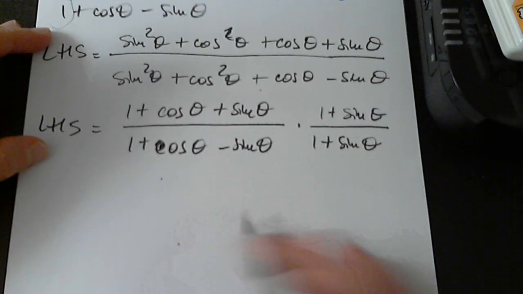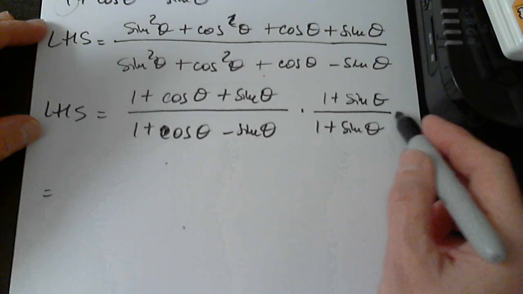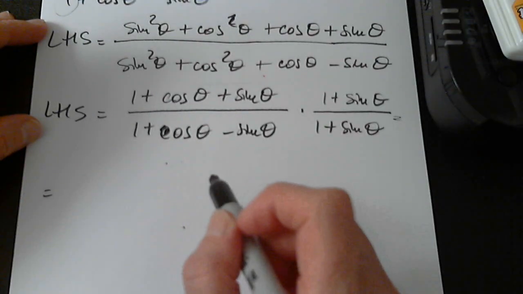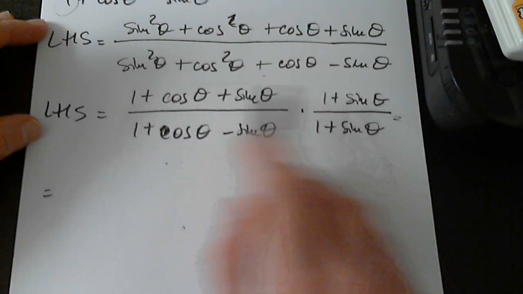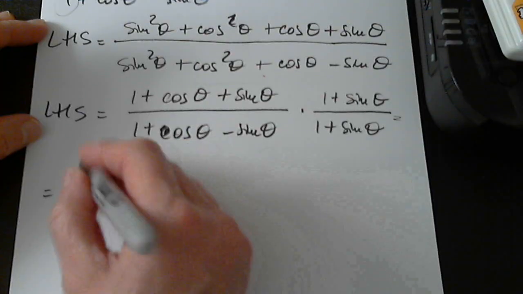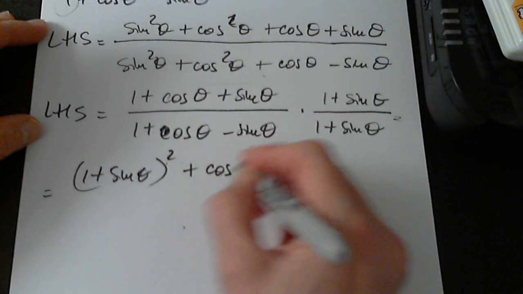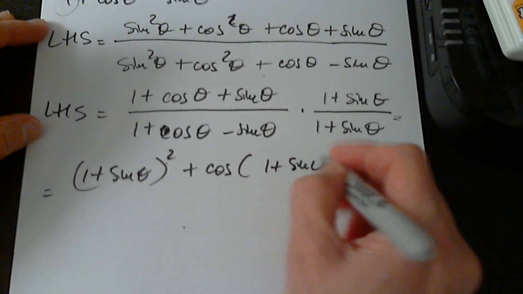So if I multiply top and bottom by 1 plus sine theta, what do I get? I get 1 plus sine theta squared when I distribute this to these two, plus cosine times 1 plus sine theta.